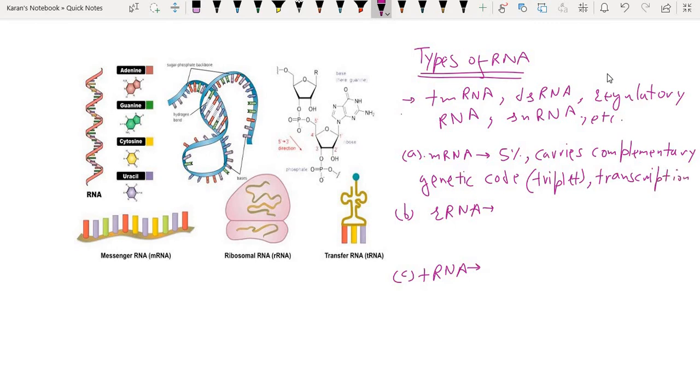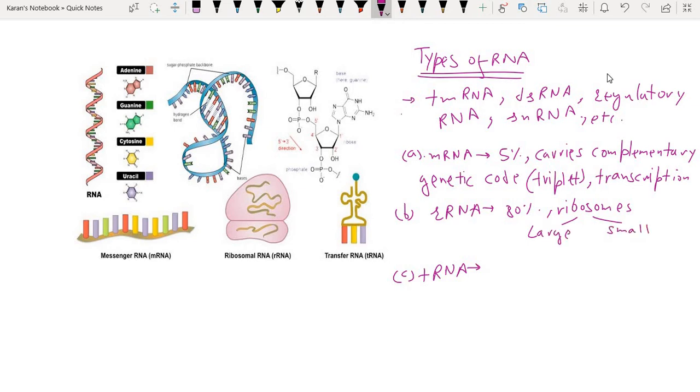And then the rRNA, it is around 80% of the RNA which is found inside the cell, and that is found in ribosomes. Ribosomes are also known as protein factories of the cell. Ribosomes can be divided into two subunits. One is the large subunit, the other one is small subunit.